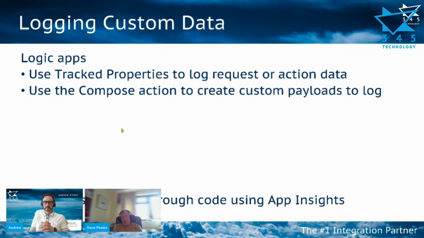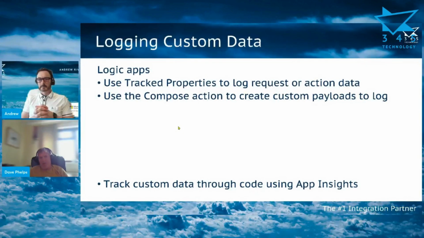But if you wanted to create something completely custom and you wanted to log a JSON payload, for example, that contains some data from the payload, some data from a SQL action, some from a bunch of other actions, then that's where Compose is really handy, because you can create your payload that you want tracked, then you go to track properties and just track the output.